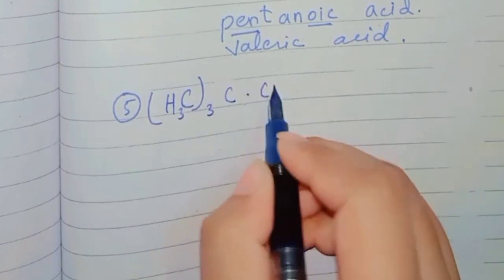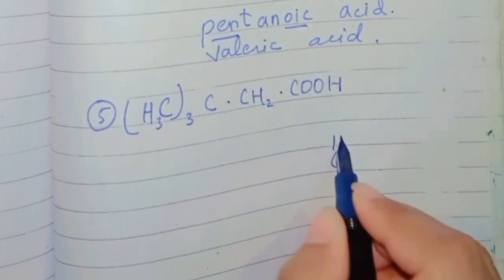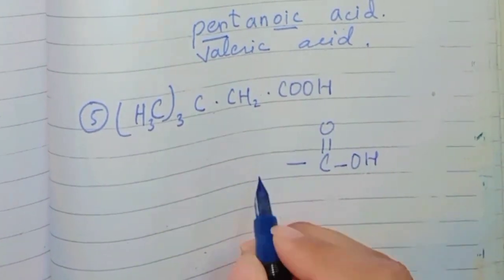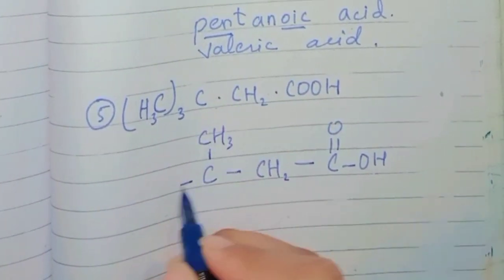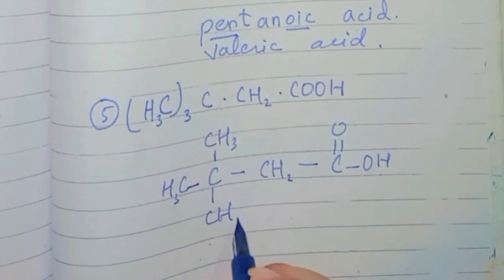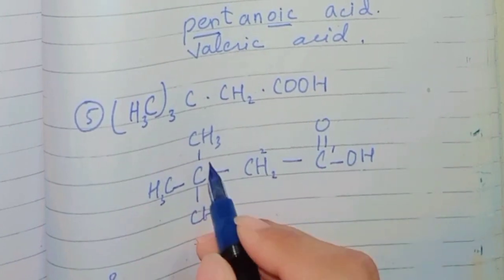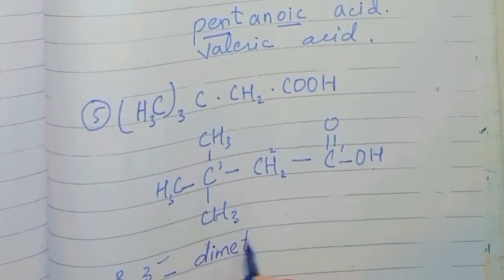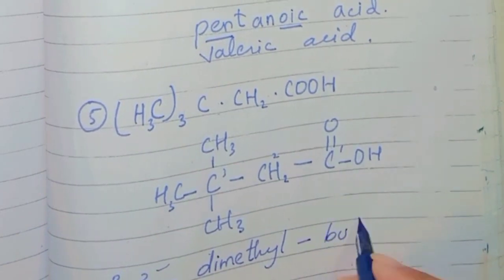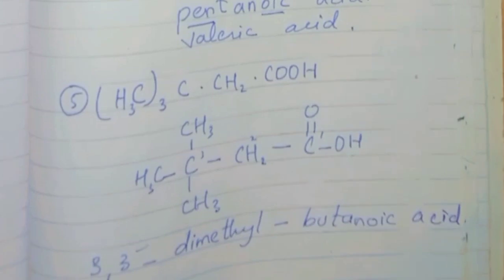The fifth example has the carboxylic acid group COOH, which is connected with one methylene and one tertiary butyl. The tertiary butyl is written after the open chain. The carbon present beside the terminal carbon is the alpha carbon, and after the alpha carbon, the beta carbon is present.